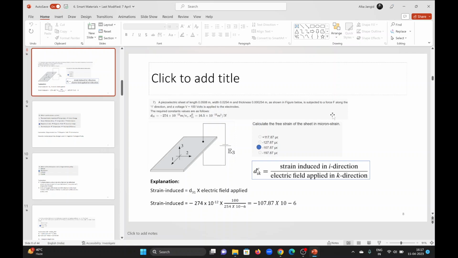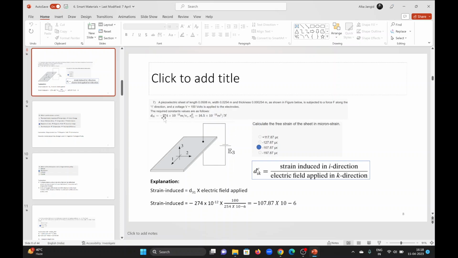The force part is for a different question, so we won't see it here. The other part is that a voltage of 100 volts is applied to the electrodes. If 100 volts is applied to a piezoelectric material, there will be certain strain induced in it.